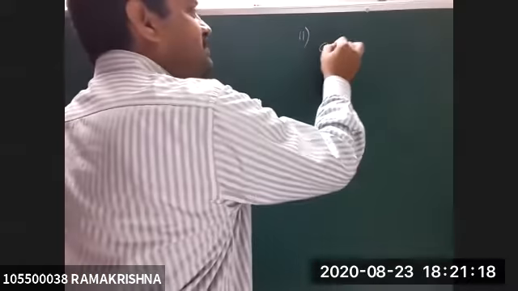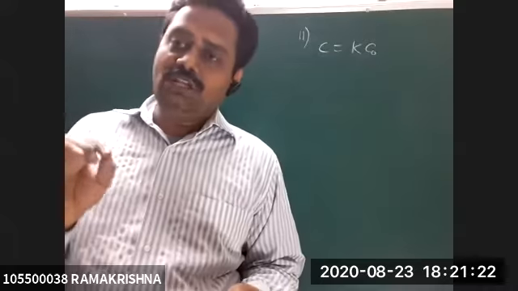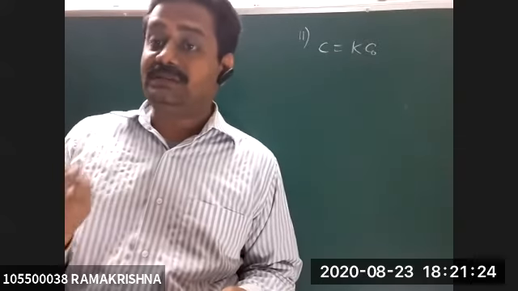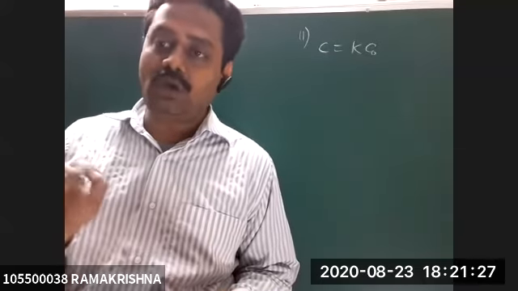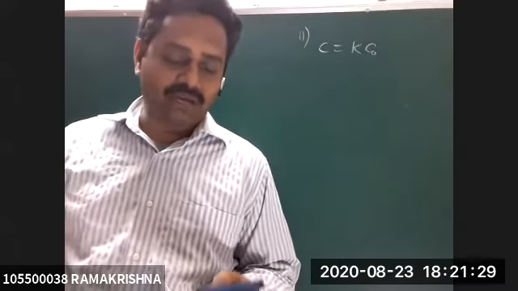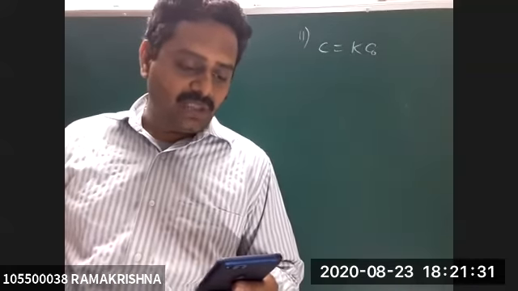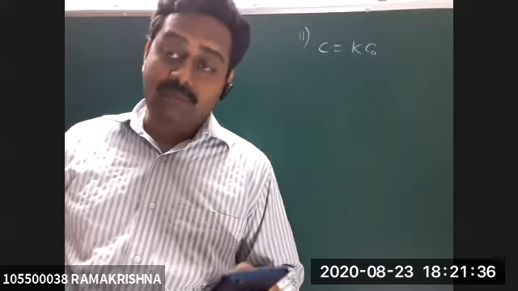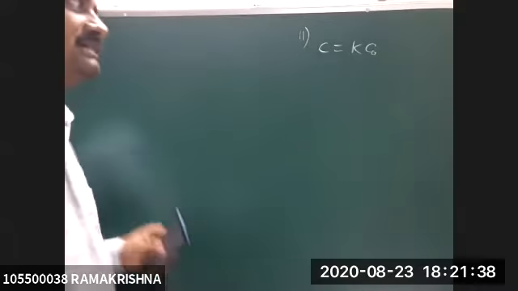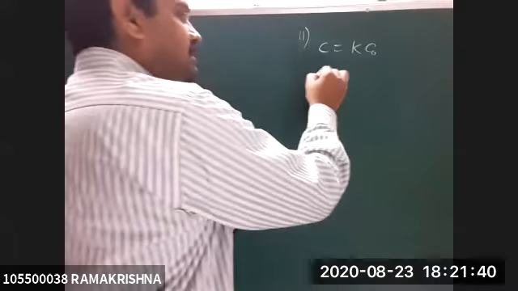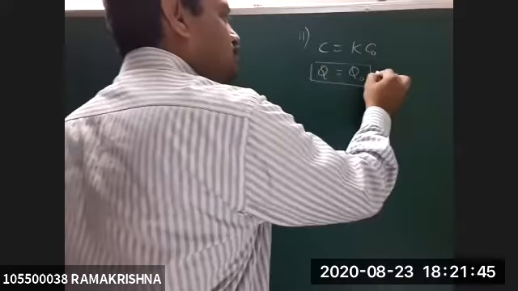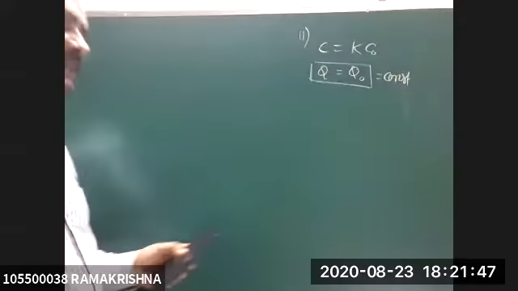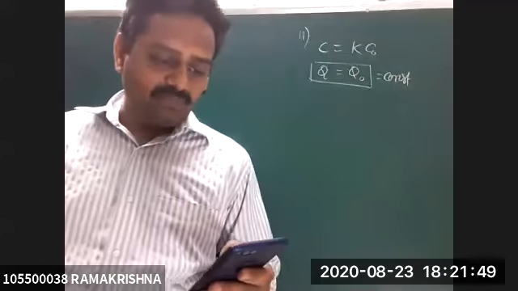So C becomes K times C naught, where C naught is the initial capacitance of the capacitor without the dielectric. It is charged by connecting a battery, and now the battery is disconnected. On disconnecting the battery, the charge remains constant. Q is equal to Q naught.